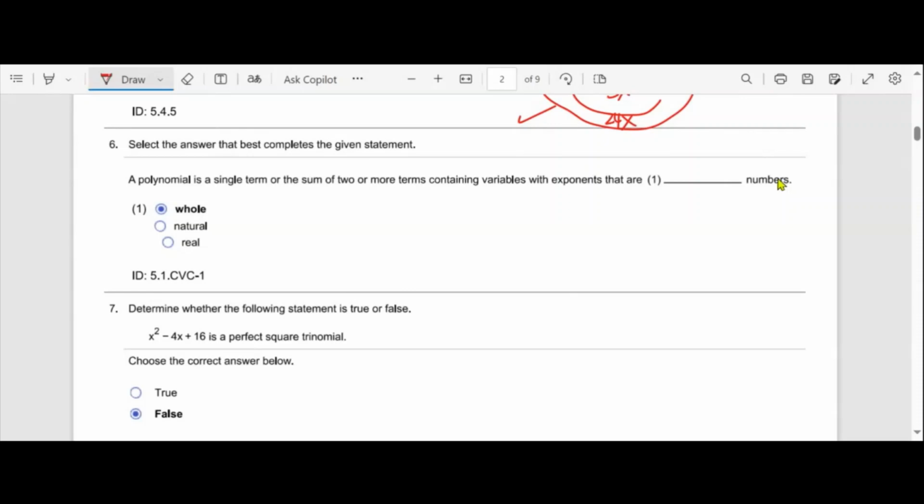Select the answer that best completes the given statement.